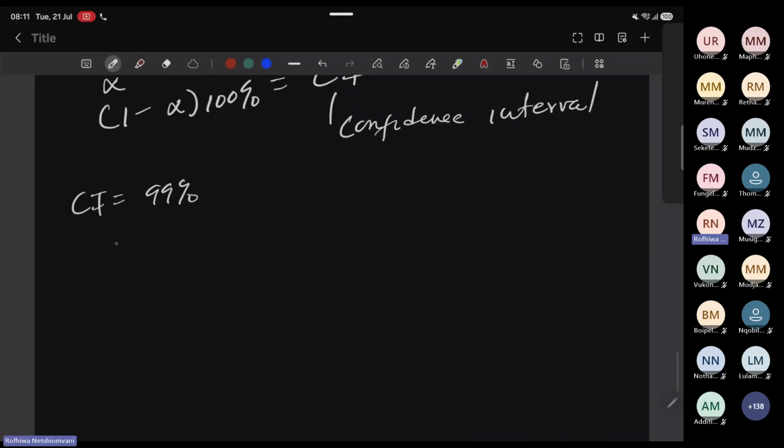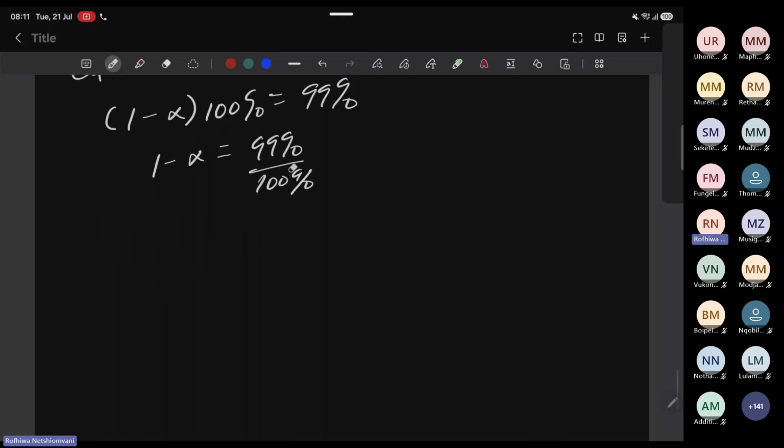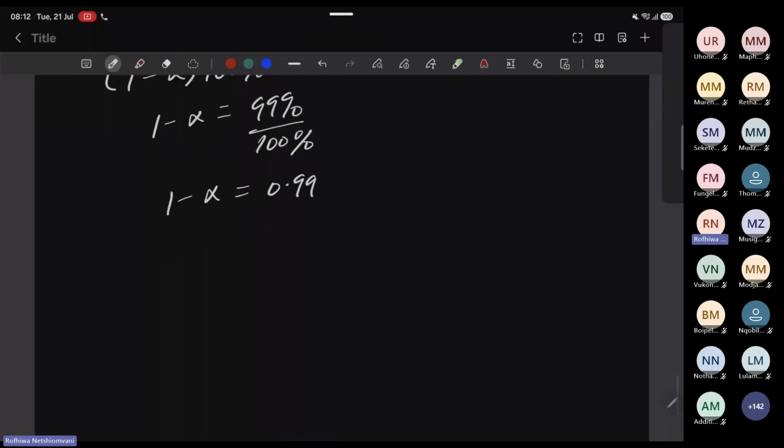Then, for example, (1 minus alpha) times 100% equals 99%. This would then be 99% over 100%, which is 0.99.